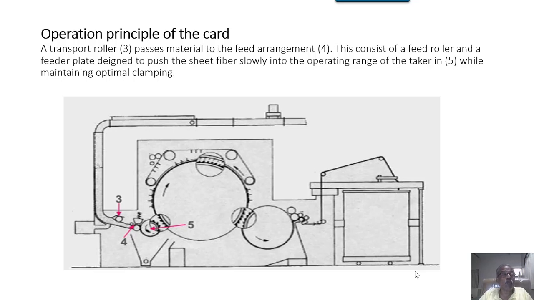So the transport roller passes the material to the feeding arrangement, where the plate is there and the feed roller is there, and the feed plate is designed to push the fiber slowly into the operating range of the Taker-in or Licker-in while maintaining optimal clamping. Optimal clamping means a snug fitting in between.